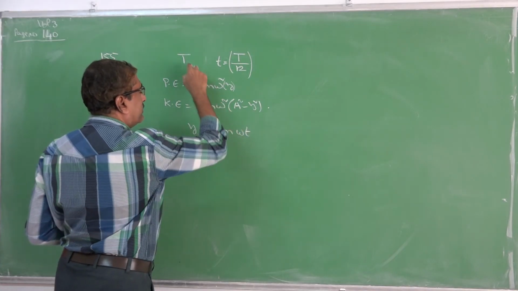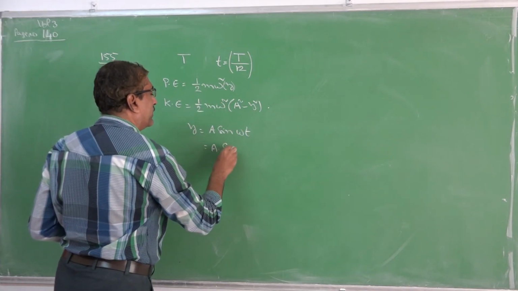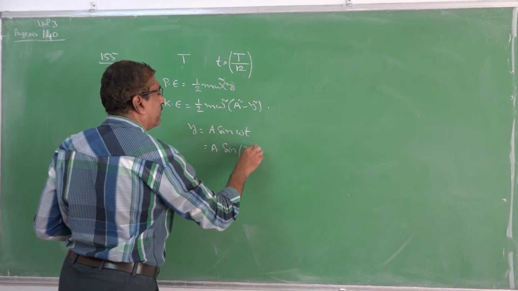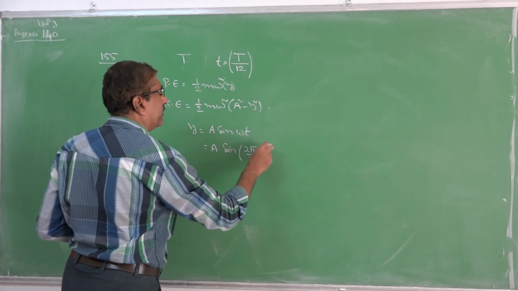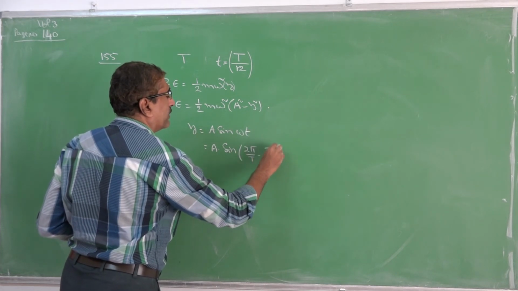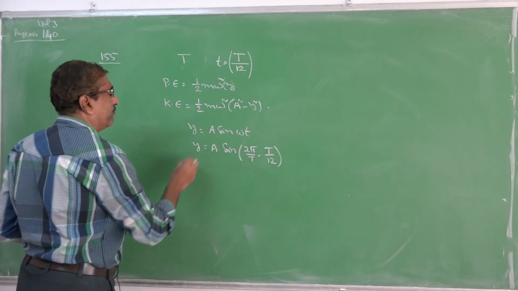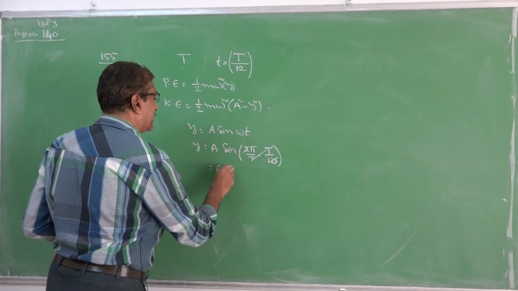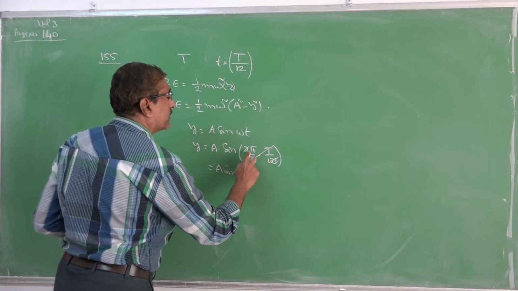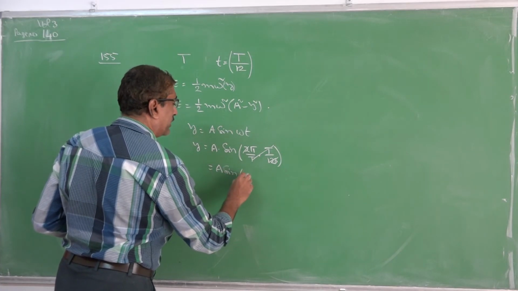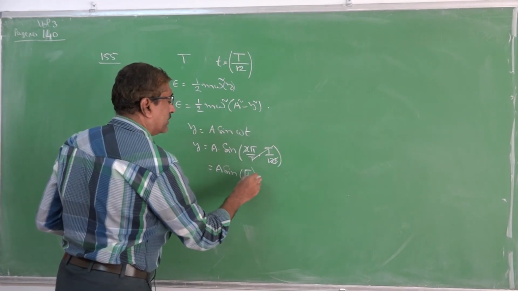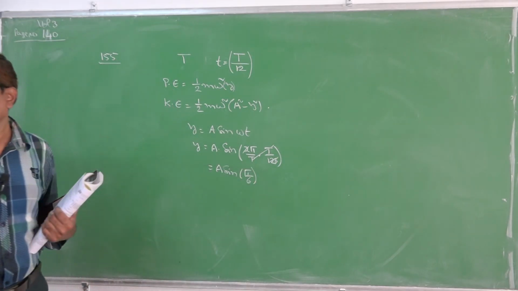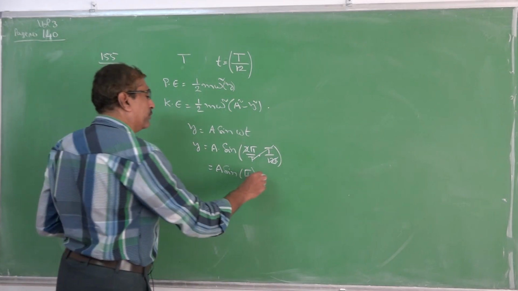So a sine 2 pi by capital T into t, which is T by 12, that is a sine pi by 6. Sine pi by 6 means sine 30, sine 30 is half, that means a by 2.